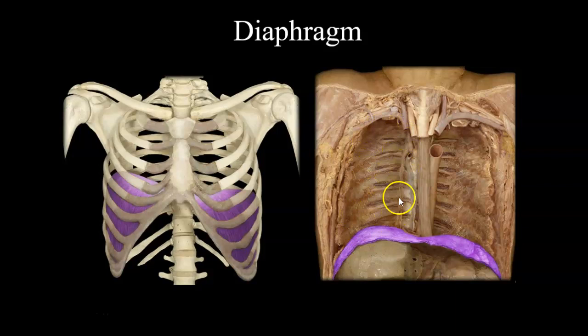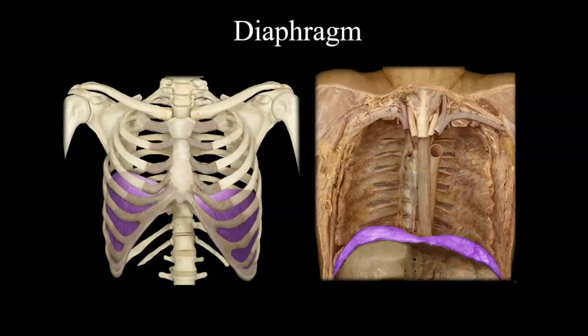one of the things about any closed system, when you increase the volume of this cavity here, if you make more space inside of it, that's going to reduce the pressure inside of it. Right? So if we reduce the pressure inside of it, that means more air can rush in.